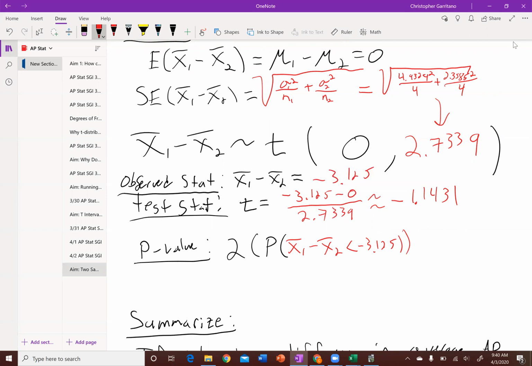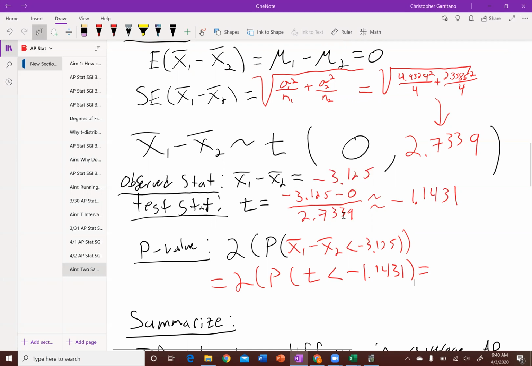But with the t-distribution, we actually have to express our p-value in terms of the test stat, because that's how the calculator needs it to be input. So this probability is equivalent to 2 times the probability that t is less than -1.1431.